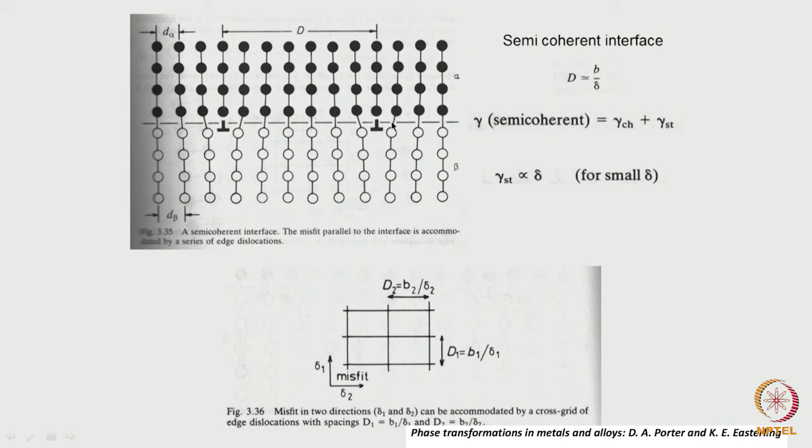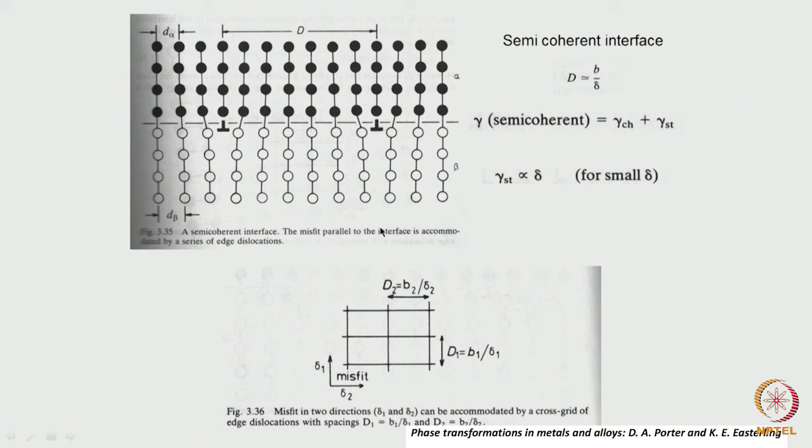That's why when the precipitates are very fine, most of the time they are coherent, and they have a spherical shape associated with it, right? And as the precipitate grows, the morphological change takes place. Not only that, at some particular sizes, the dislocations will be punched out at the interface, which we call the misfit dislocations.